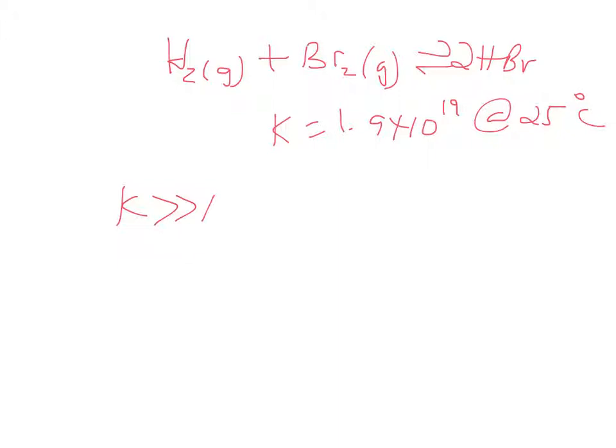And so that means that the numerator in this case, which specifies the amount of the product over the denominator, which specifies the amount of reactants, essentially, since numerator is gigantic, that means the forward reaction is favored. Forward reaction favored.